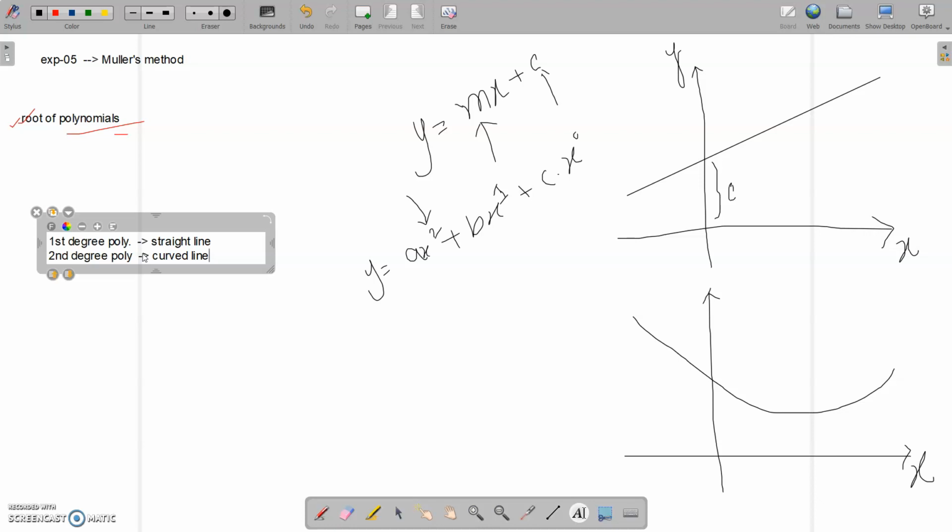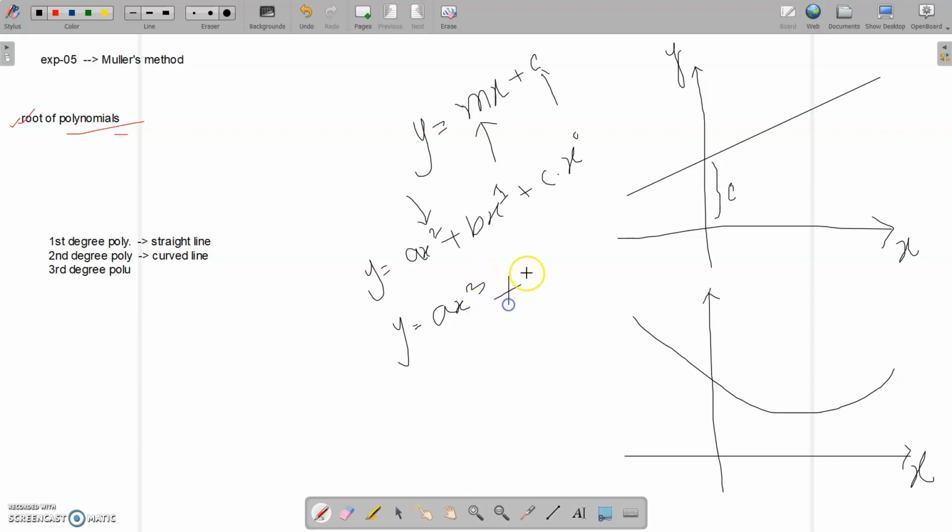Now what about higher degree, say for example a third degree polynomial? Third degree means the maximum power is 3, so y equals ax cube plus bx square plus cx plus d.